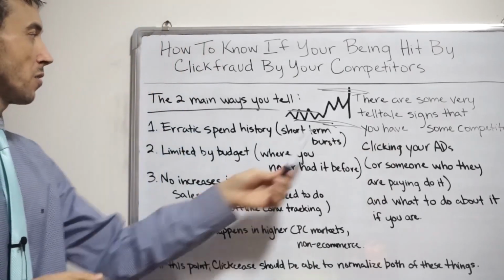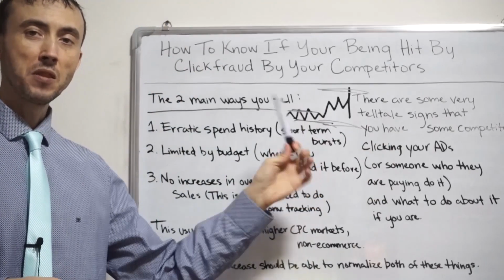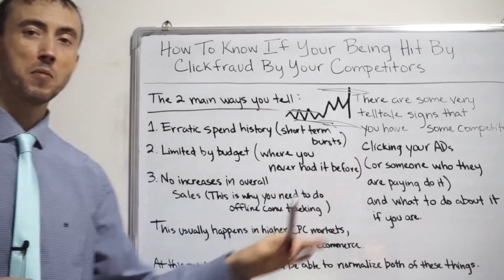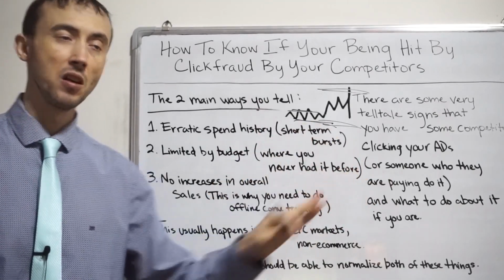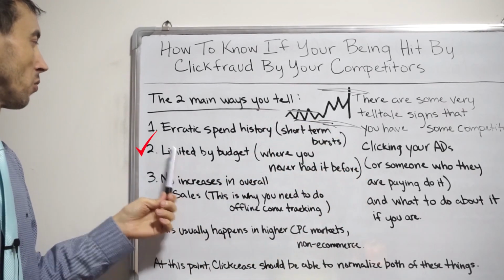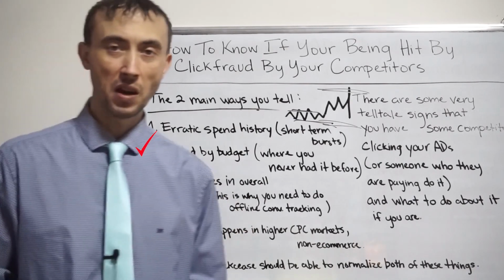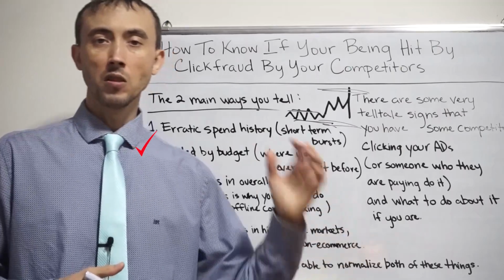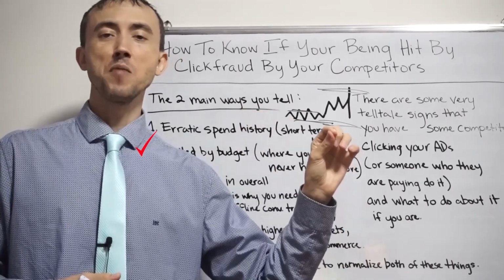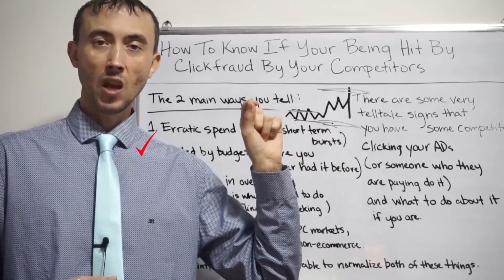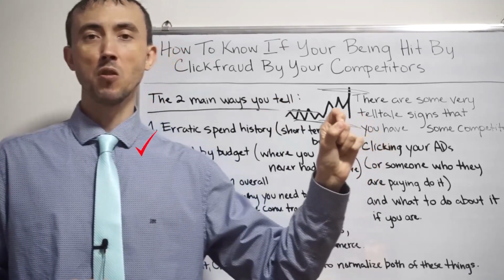So anyway, in terms of the spend, that's basically the main way that you're going to be able to tell that it's starting to happen to you. Number 2 way you tell is you're limited by budget. On your ad campaigns, you have to set a daily budget, and your ad spend's not supposed to go above that.